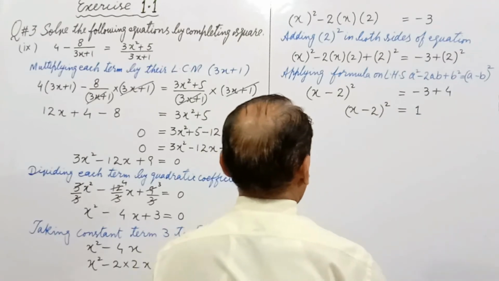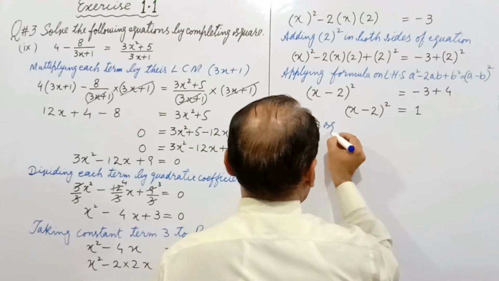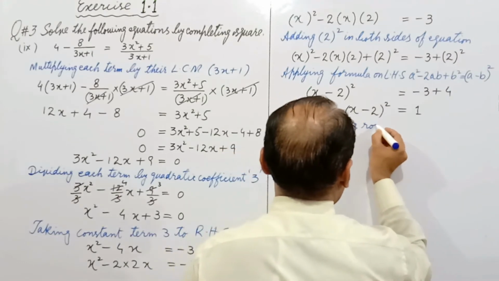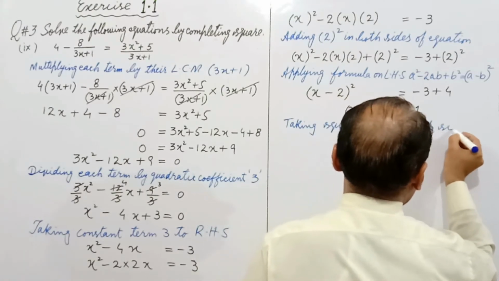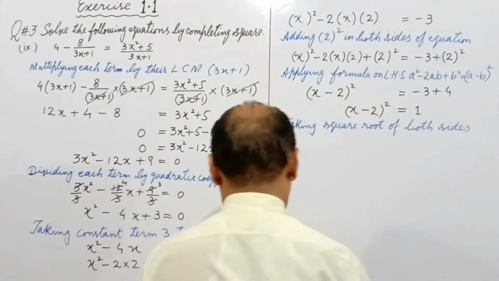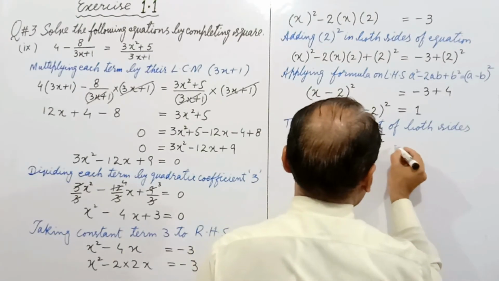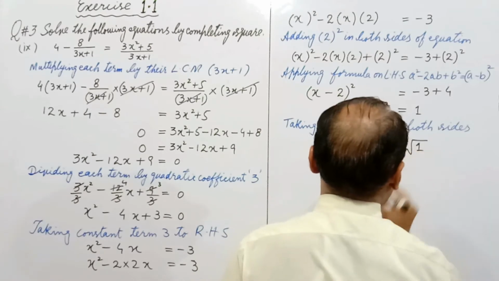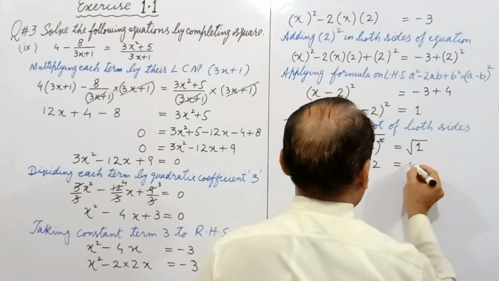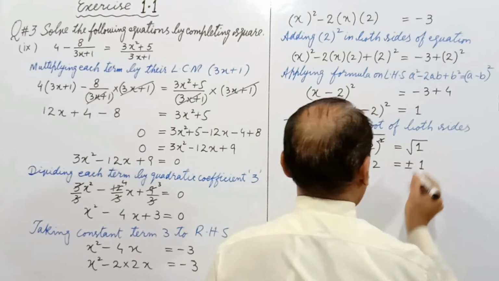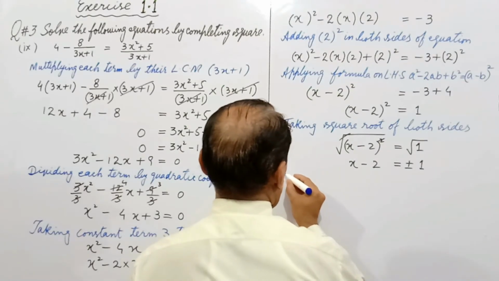So taking square root of both sides, we have square root of x minus 2 whole square is equal to square root of 1. Square is cancelled by square root. We have x minus 2, and on the right hand side we have plus minus 1, as square root of 1 is 1.